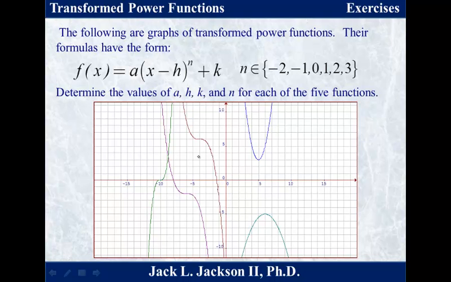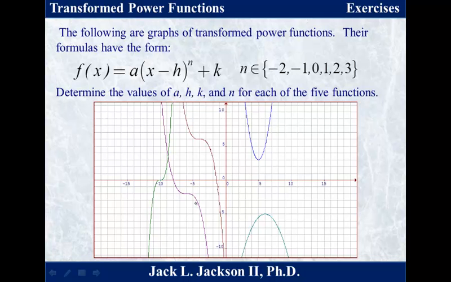It's been shifted left and up, so h is negative, k is positive, and the coordinates of that inflection point are h, k. So what's h? h is negative 4, k is 6. And it's been flipped upside down because the right arrow here is pointing down. Normally the right arrow pointed up, so this has been flipped over, so a is negative. Okay, we'll also check on the size of a in just a few minutes.